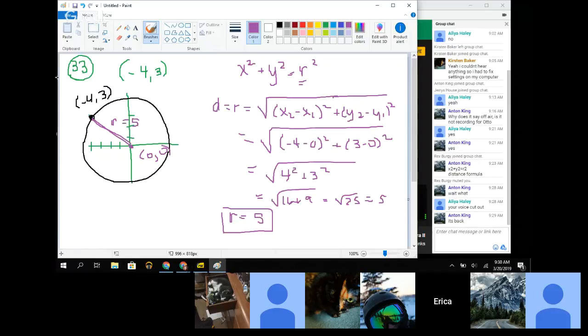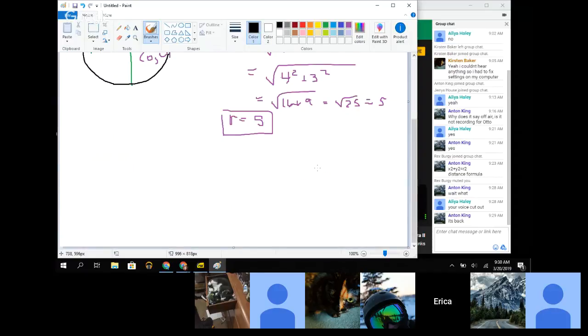And so then if I were going to write my formula, which is what I need to do, my formula is going to be x squared plus y squared equals 5 squared, or x squared plus y squared equals 25. So this is your equation of your circle.